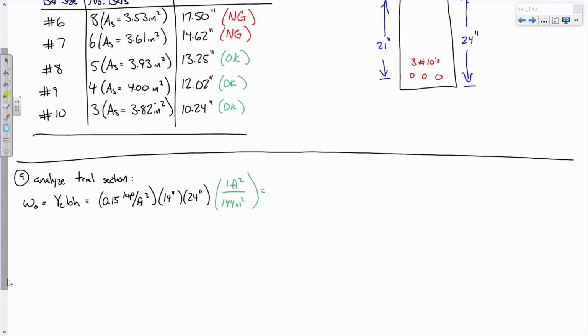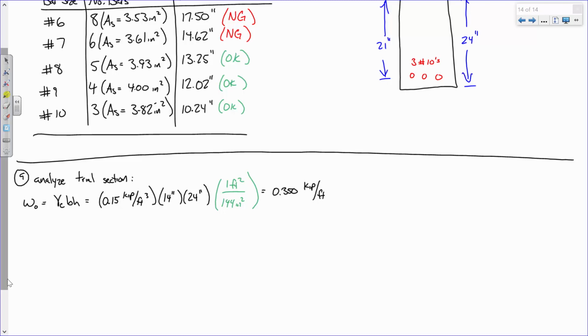So what does this come out to be? 0.350. Now, what are the units here? Kips per foot.